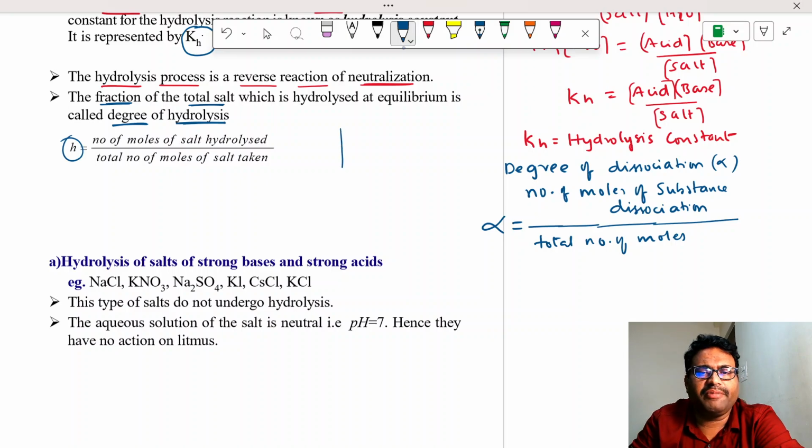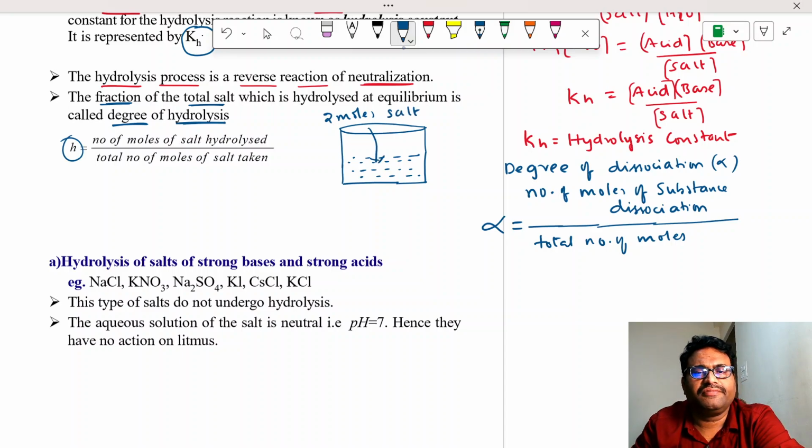For example, let me take a container with water, and into this I am adding 2 moles of salt.